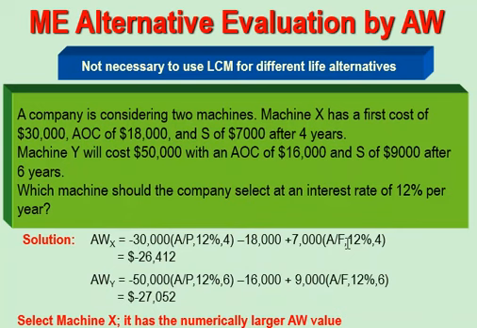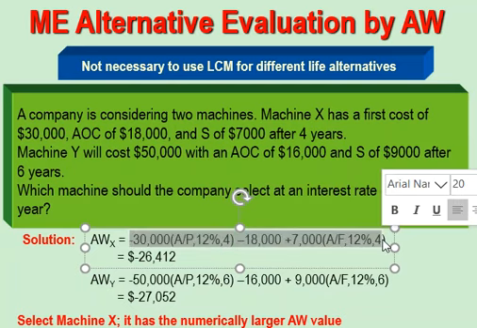So keep in mind, guys, I'm dealing with a life cycle within the range of the years. How many years here? 4 years. But I want to know those values in the A domain. That's why we call it annual worth.